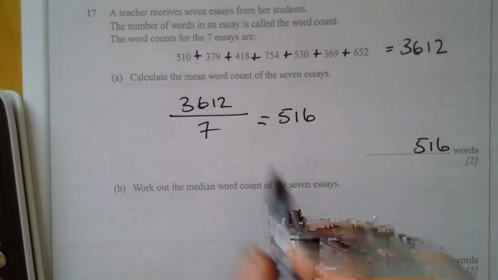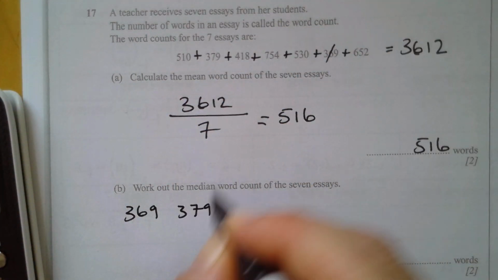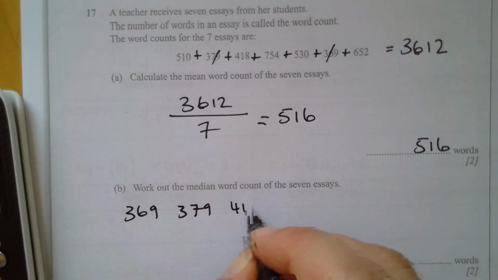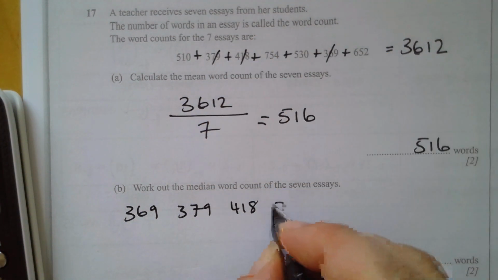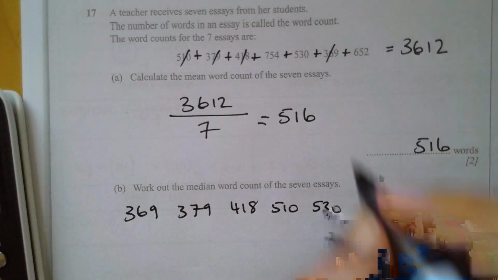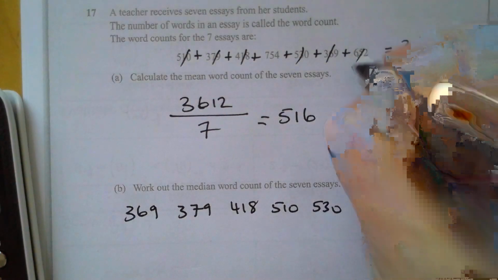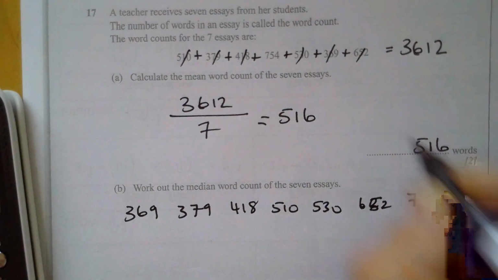Let's write them out. Always a good idea to cross them off. Count them.